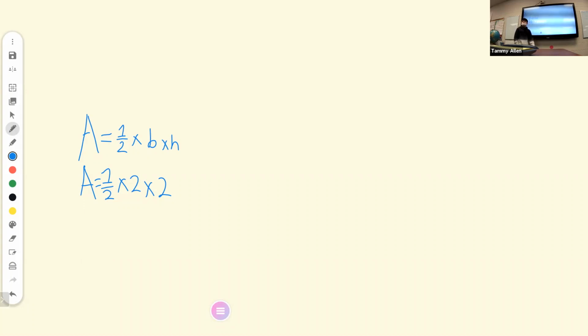And what's 1 times 2? 2. So put that underneath. And then 2 square meters. There we go. Questions on that? There are the steps to find the area of a triangle.